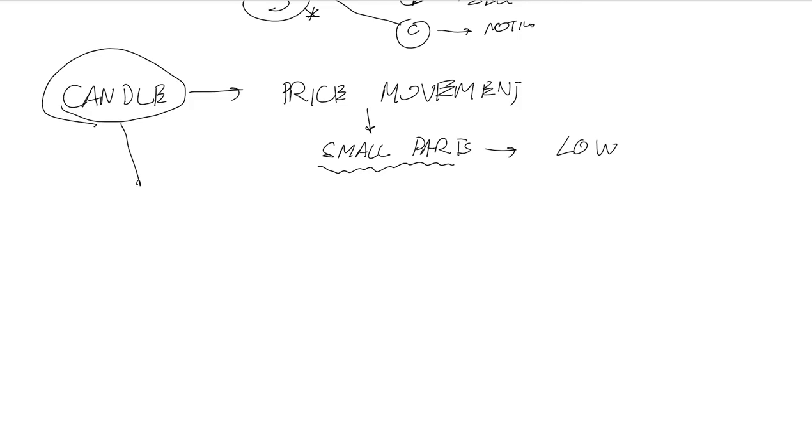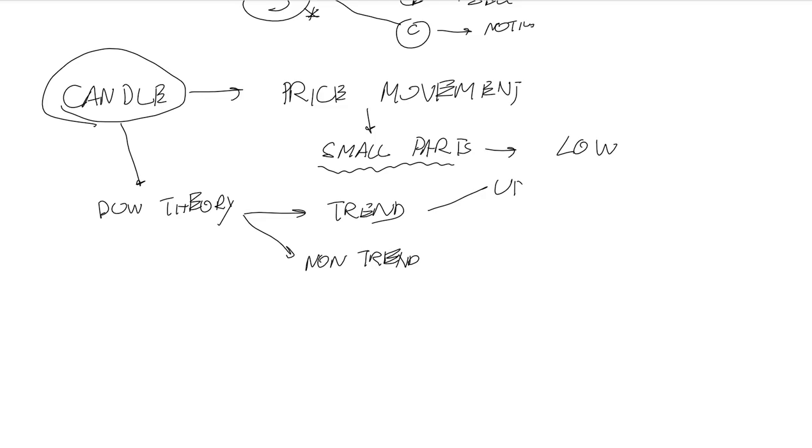That means if you apply Dow theory, it tells you the market has two statuses, trend or non-trend. Trend means up or down.